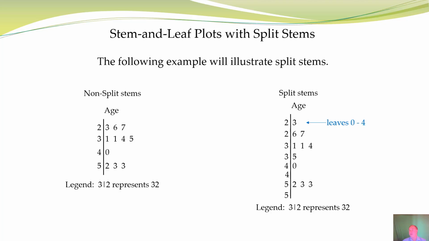So that means the first 2 stem is going to be leaves 0 through 4, and the second one is going to be leaves 5 through 9. Sometimes this is done so that you don't get extra long lists of data under one stem. In other words, if there's a lot of data in one stem, splitting it sort of shrinks it down a little bit. And this would be the difference between a non-split and a split stem.